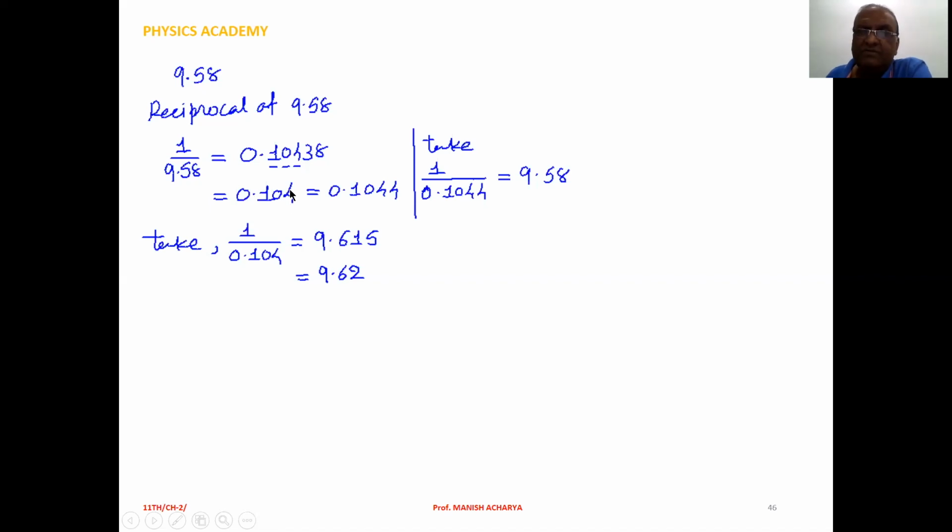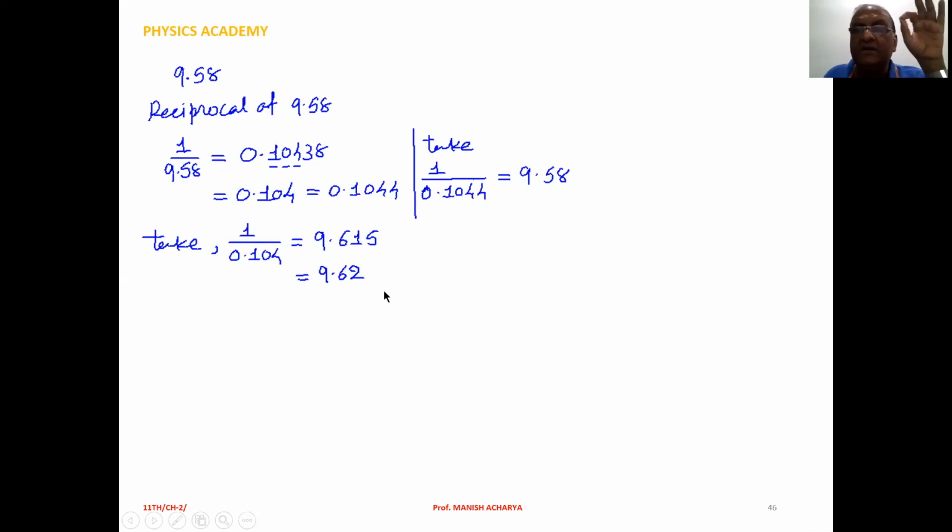But suppose you take 1 upon 0.104, then your answer turns to 9.615, and if you round this off and give the final result with 3 significant digits, you will get 9.62.